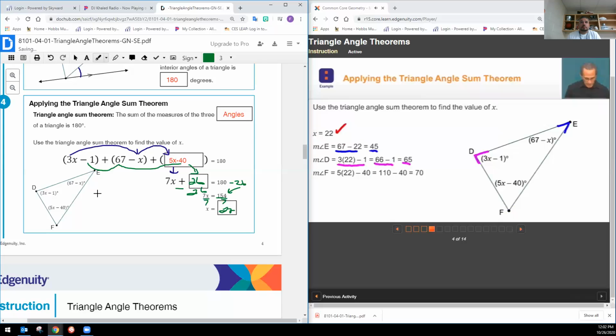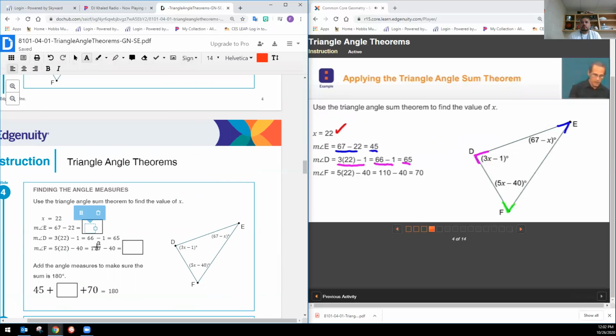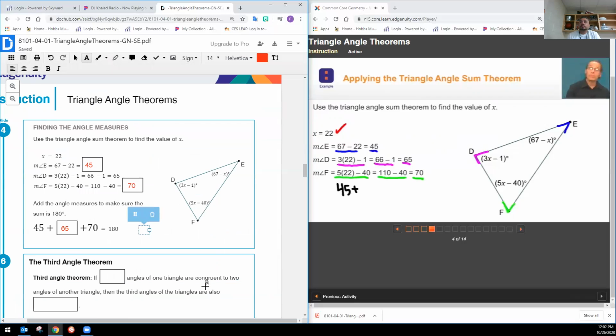And lastly, the measure of angle F is given by 5x minus 40, so 5 times 22 minus 40 is 110 minus 40, which gives us 70. And we know the answer is correct. Why? When we add up the angle measures, they sum to 180 degrees: 45 plus 65 plus 70 is 180.